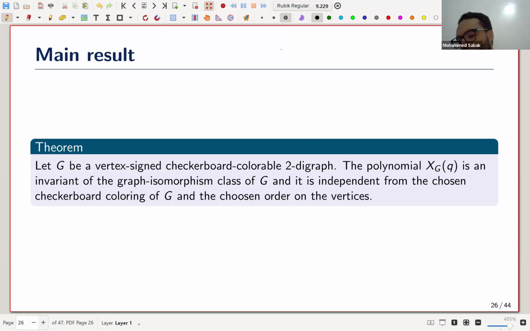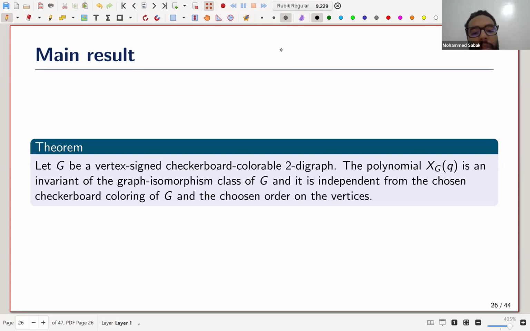So the main theorem is that if G is a vertex-signed checkerboard-colorable 2D graph, then the polynomial x of G of q is an invariant of the graph isomorphism class of G, and it is independent from the chosen checkerboard coloring of G, because there are 2.